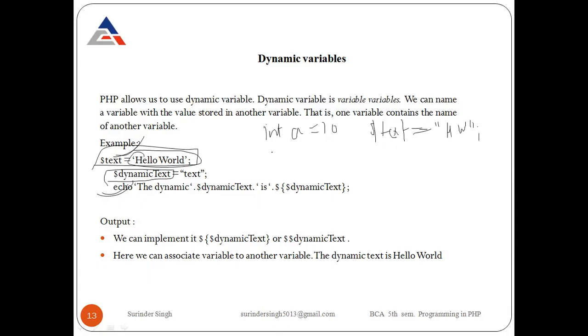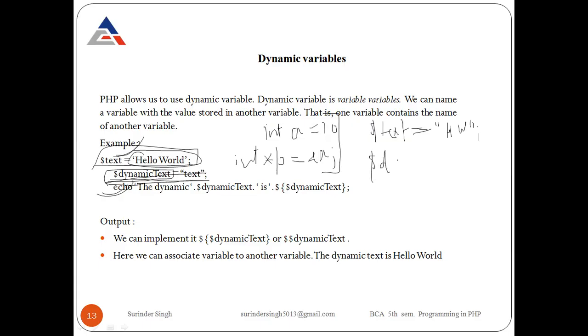Now in C, you have a pointer variable like this, int *p equal to &a, like this, clear. But here you have a statement like this. For understanding the dynamic variable concept, I will relate it to the concept of pointer in C.